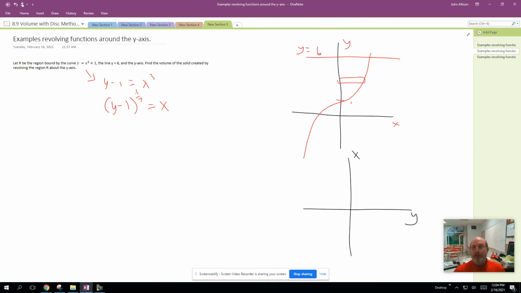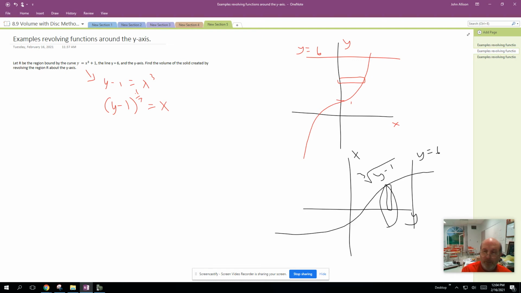And recall again, that simply flips this over the line y equals x. So what we're looking at now, when we do this, the 1/3 y minus 1, we're looking at the curve like this. We're going to the line y equals 6. This is the curve, the cubed root of y minus 1. And so now one of the rectangles is here.